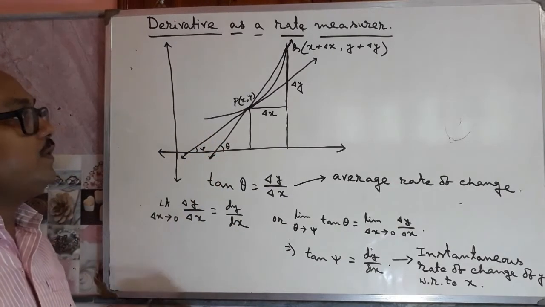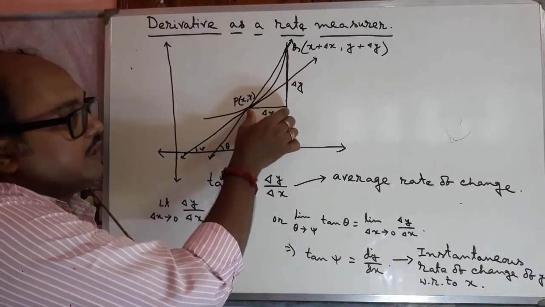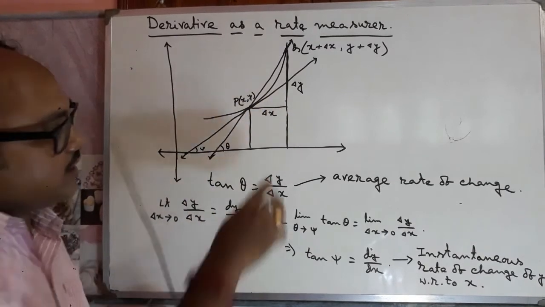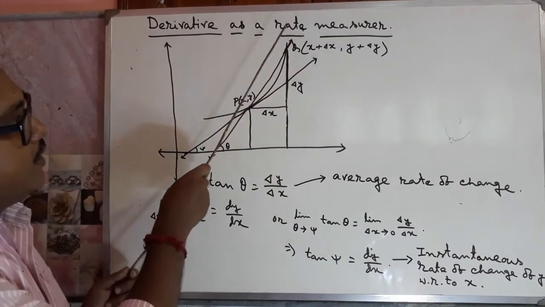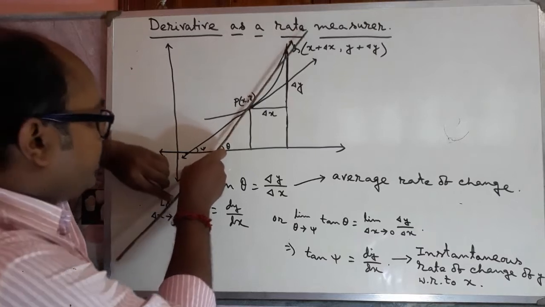You see, if you decrease this delta x, what will happen? You see this point Q, this is the chord.